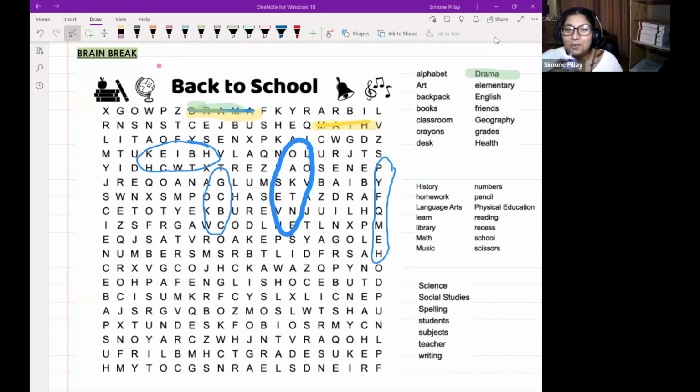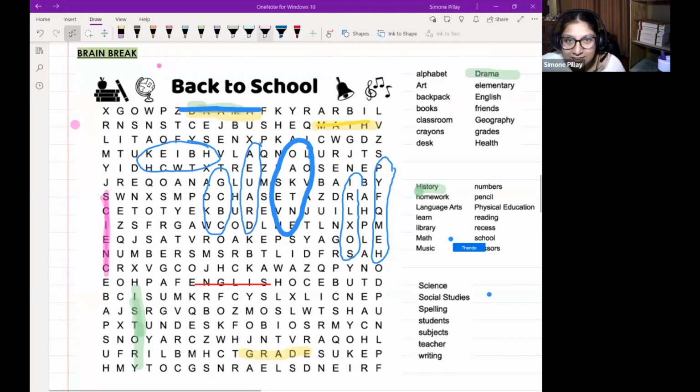Also, I'm seeing nobody has actually circled a proper word as yet. Itandile, I see you got history. Someone got science. Okay. Yes. Trevor, Mateo. So we have history. Someone had science. Where's science? I see science.